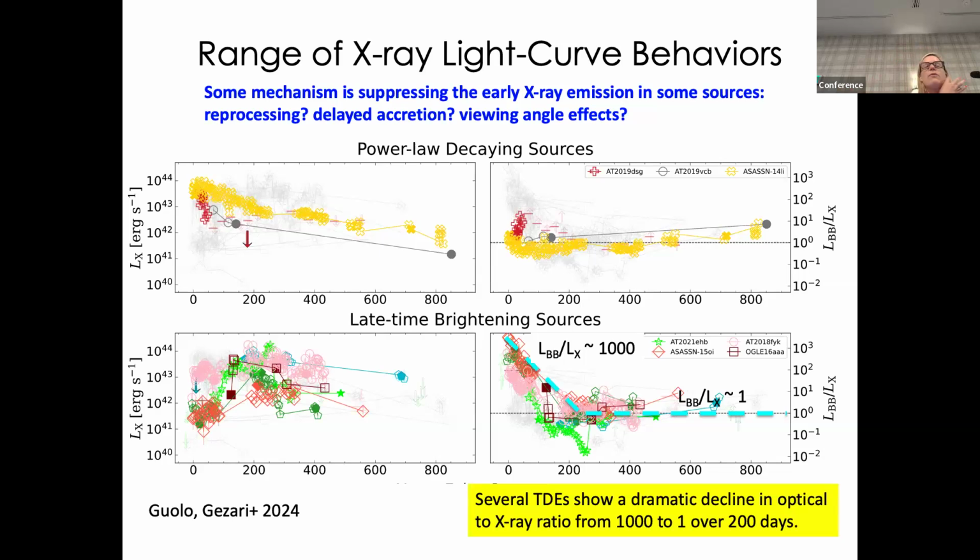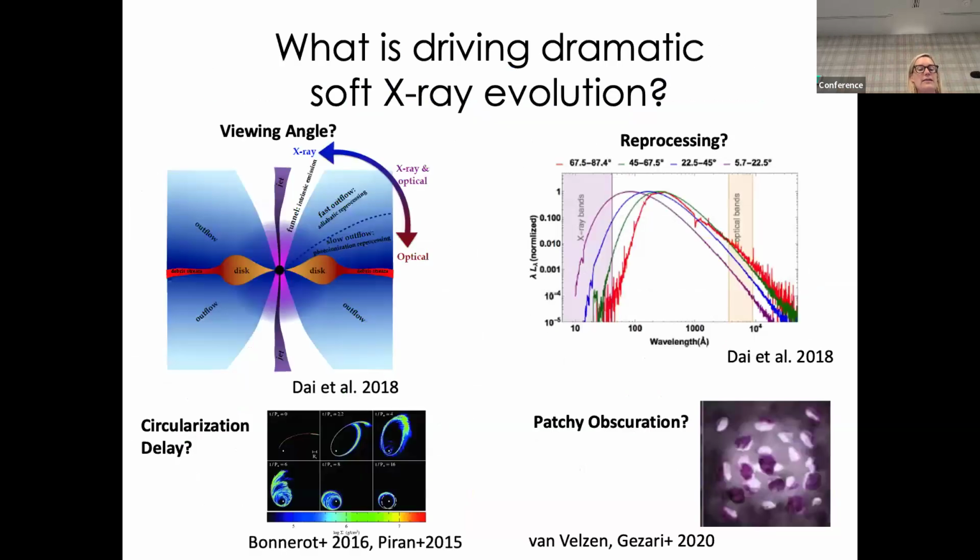So what is causing these dramatic X-ray light curve behaviors? We're still trying to determine that. They could be due to various processes, including viewing angle effects, reprocessing, delays in the actual circularization of the debris streams into a disk, or patchy obscuration.